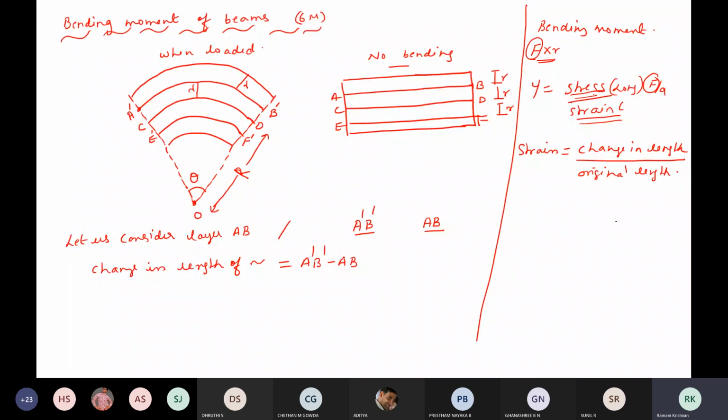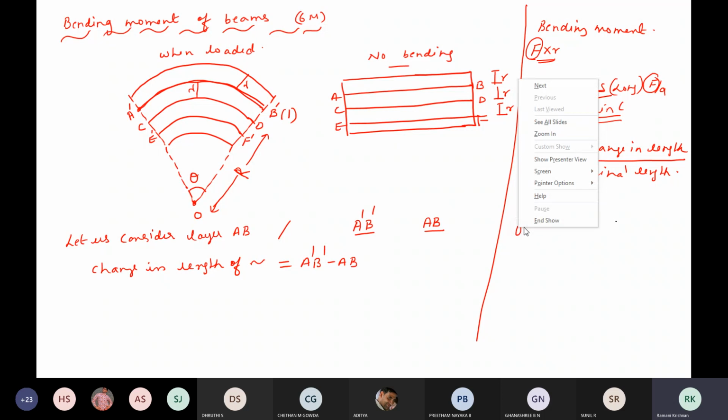Do you agree? Now I have to get the values of A dash B dash and AB, so I will do the rough work. For AB, can I write theta?